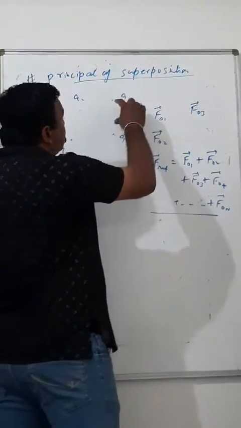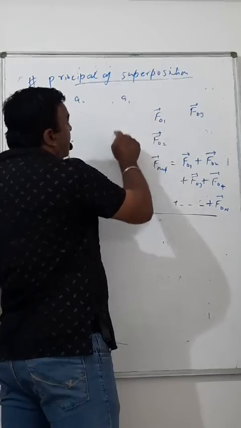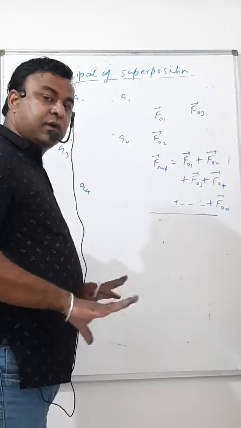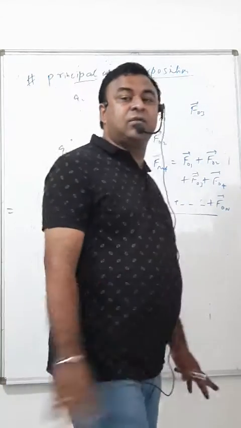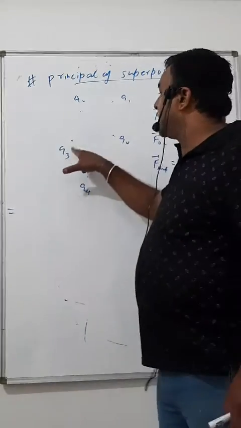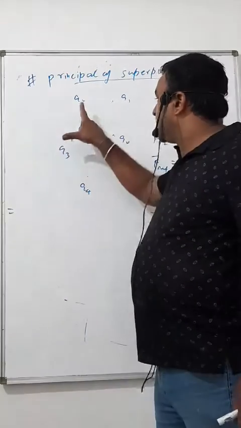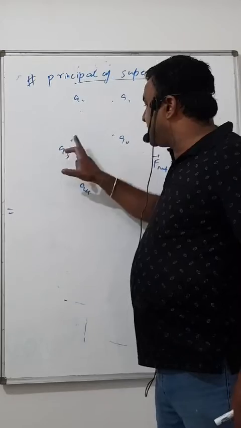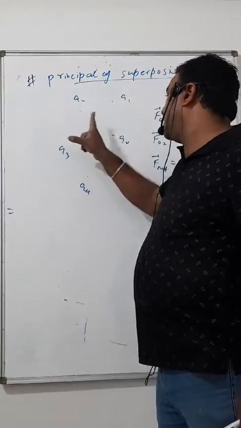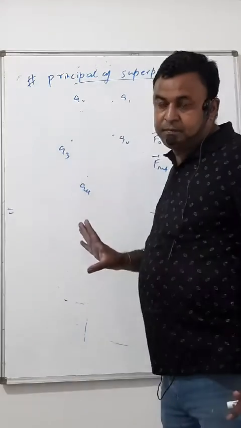But it doesn't make any difference to the interaction of Q1 and Q0. Q2 performs its own work by itself. It has nothing to do with what Q1 is doing with Q0. In the same way, the presence of Q3 does not alter any interaction between Q2 and Q0, or Q1 and Q0.